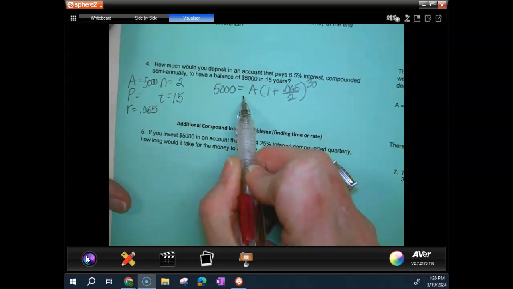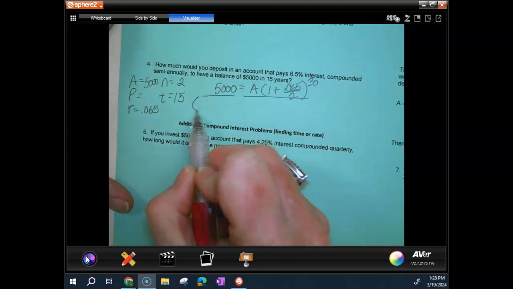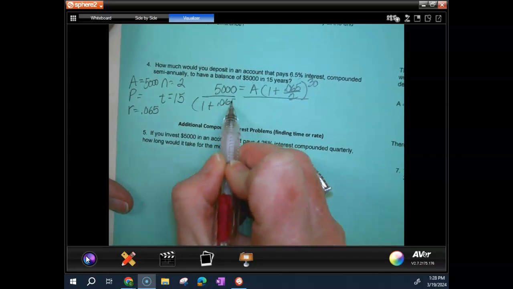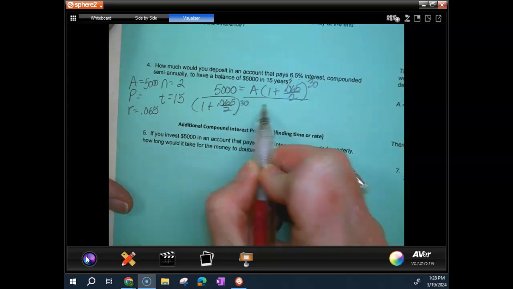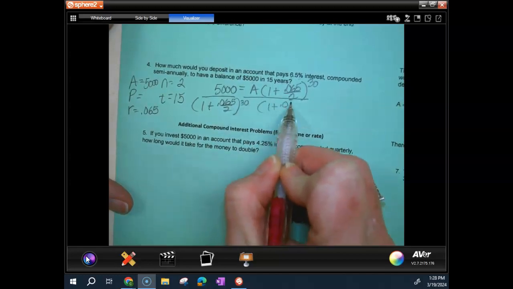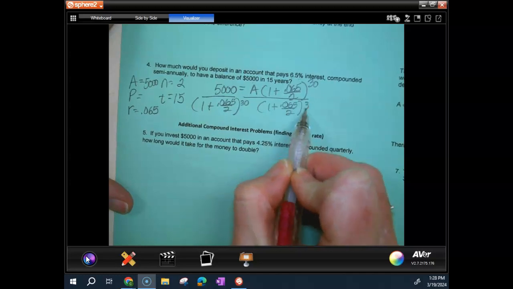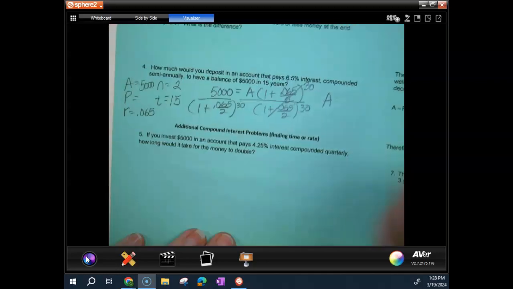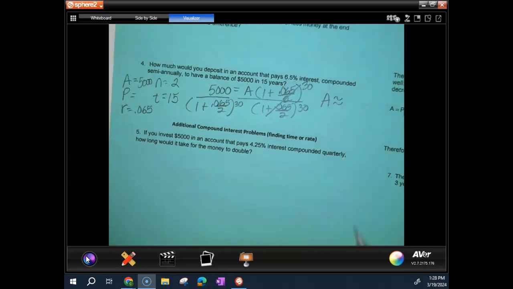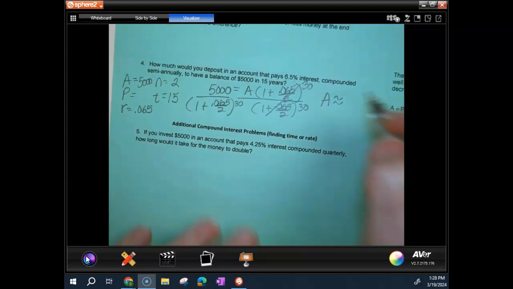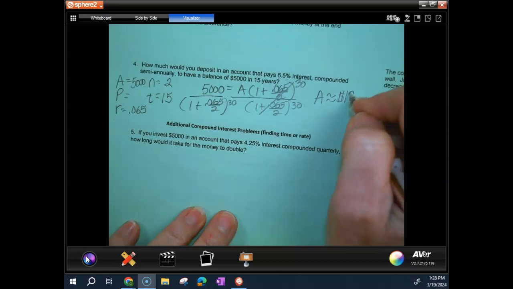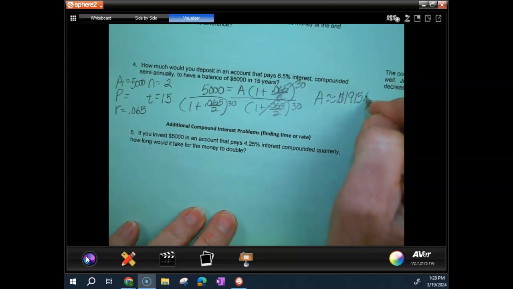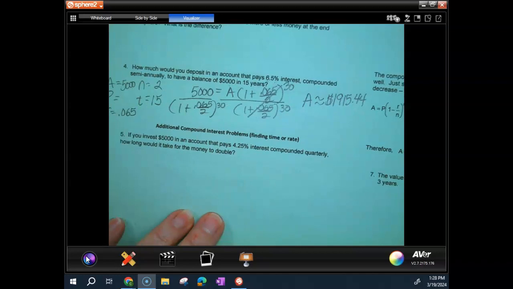So how do I solve for A? Can I just divide by this whole mess? I can. And if you do this, I initially had to put in approximately... so we're talking money, correct?